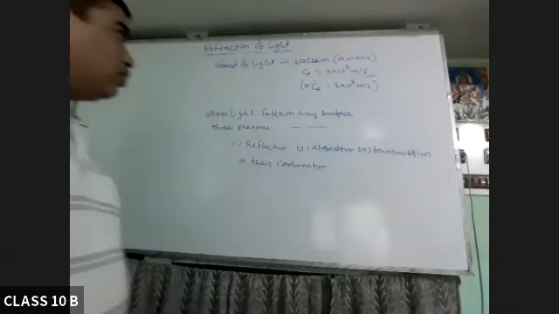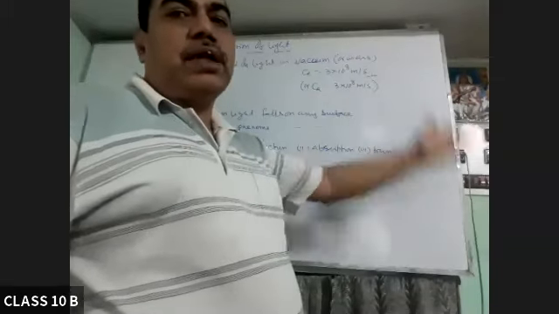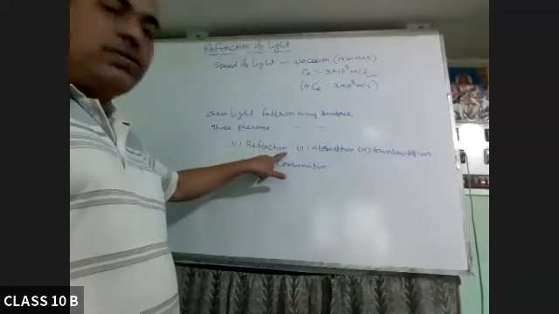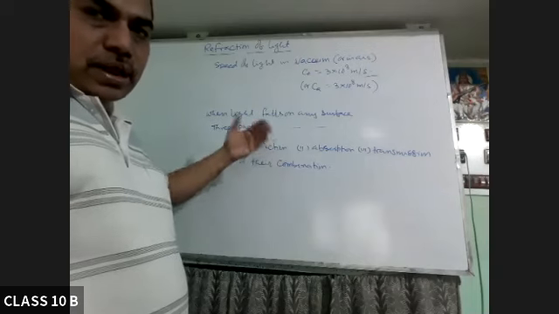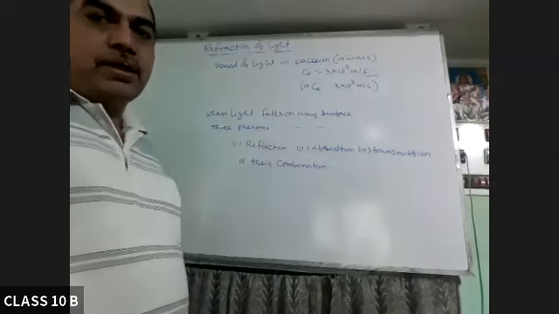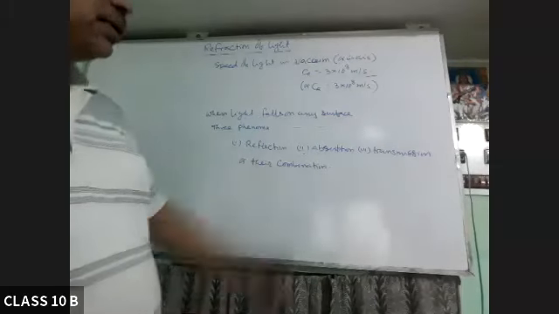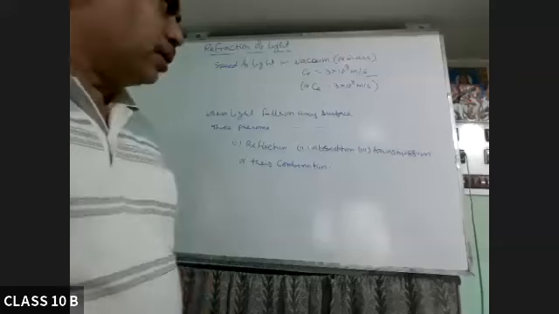Now here we are going to focus on the phenomenon when light is transmitted from one medium to another. In class 9 we focused on reflection, that is, in the case of plane mirror and spherical mirror. Now in class 10, we are going to focus mainly on transmission of light.